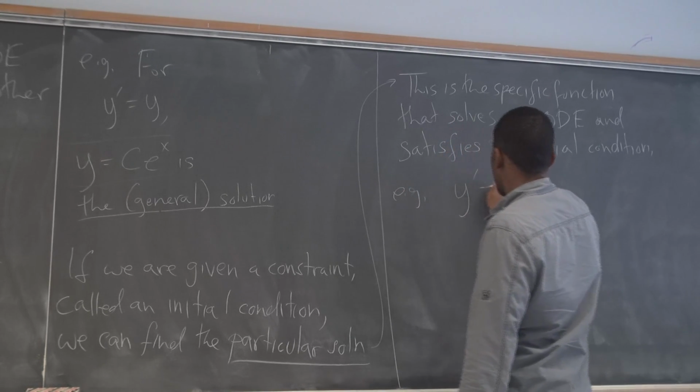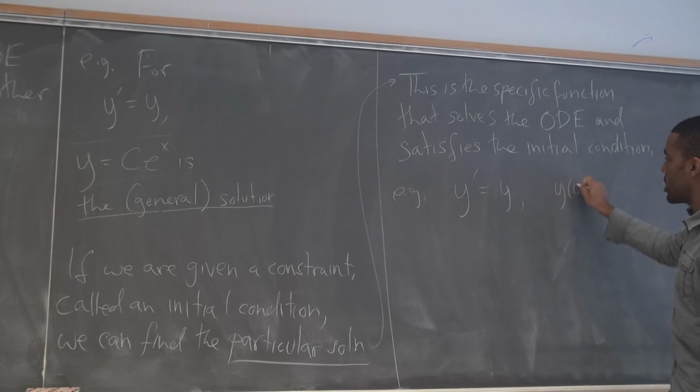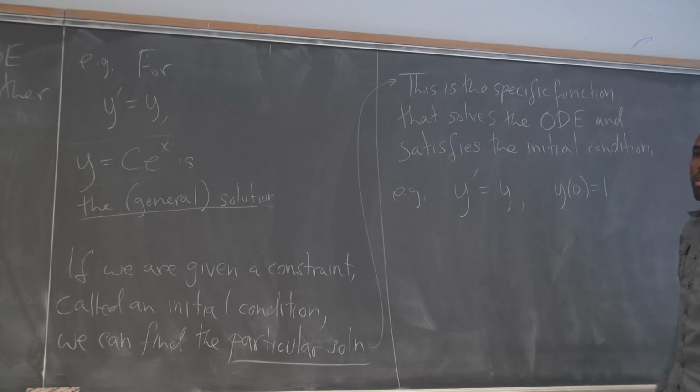Example, let's say I have y prime equals y, and I gave you the condition, I would like to find the y such that y of 0 is equal to 1. Right? This here is called the initial condition.